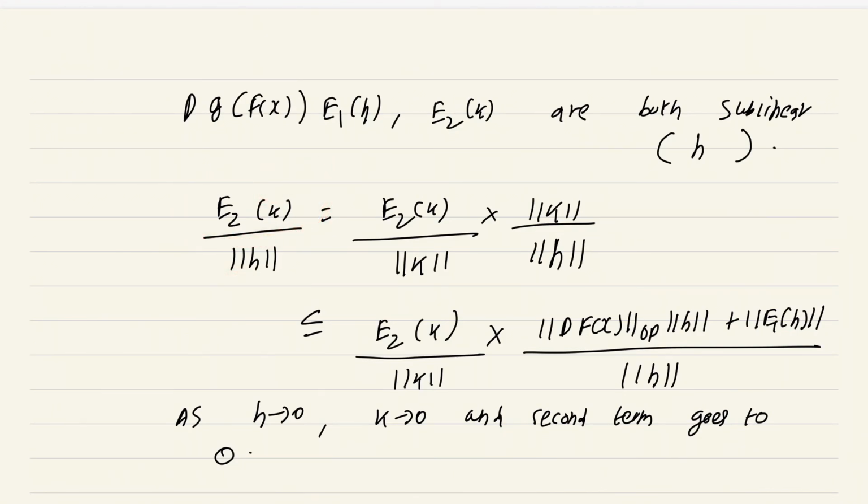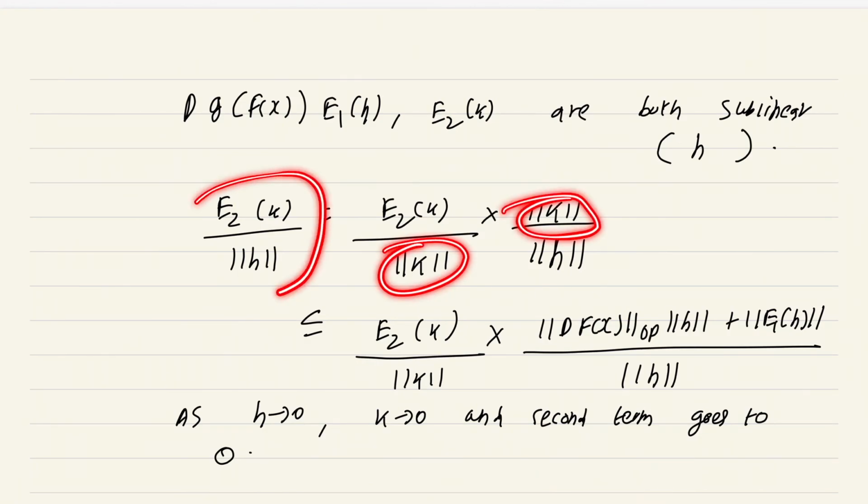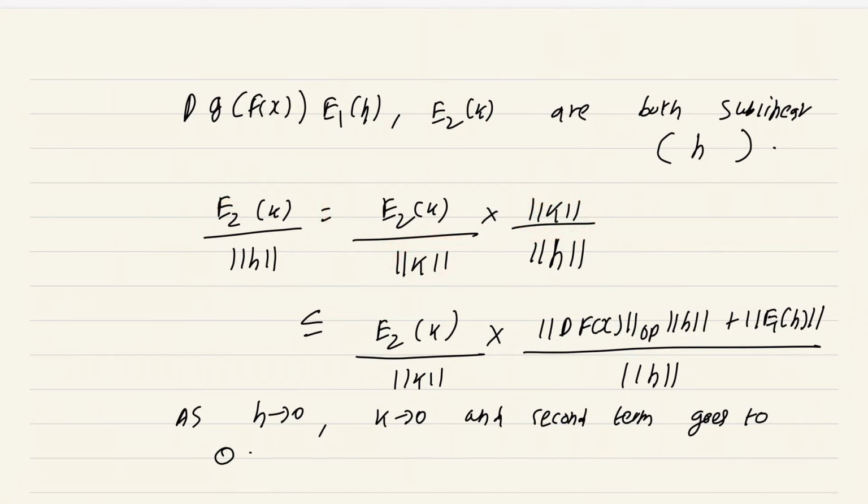So as h goes to 0, we need to consider only those points where k is not 0 and estimate what happens, which is what we have done. So this division and multiplication by norm k, which was crucial for the proof, is justified, because at those points where k happens to be 0, we already know that this entire thing is 0. No more estimation needs to be done.